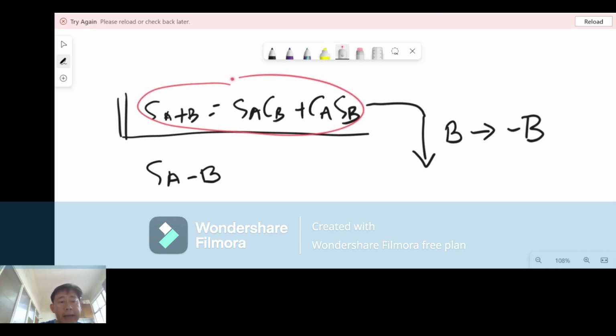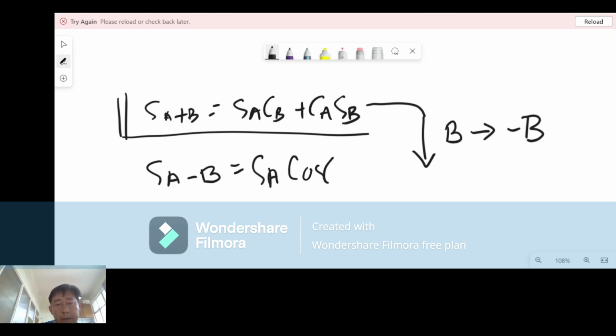So by doing that, sine of a plus b then becomes sine of a minus b. So here sine of a remains intact, no change. Cos of b becomes cos of minus b, plus cos of a, that is no change, times sine of minus b.